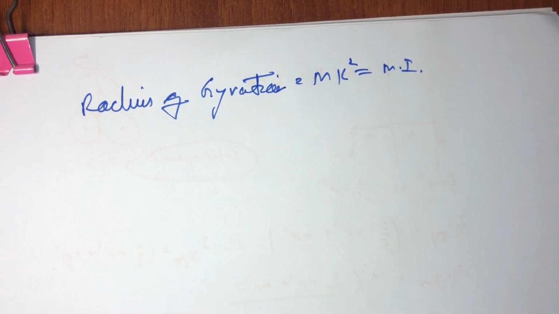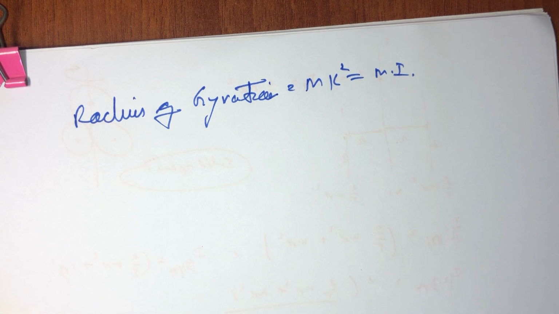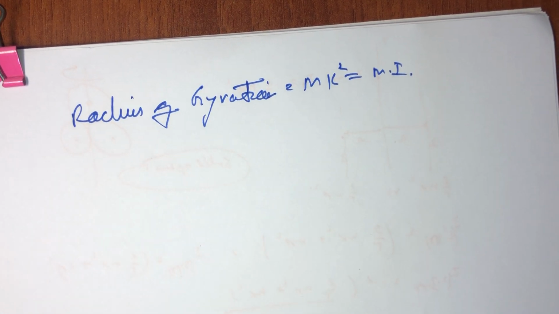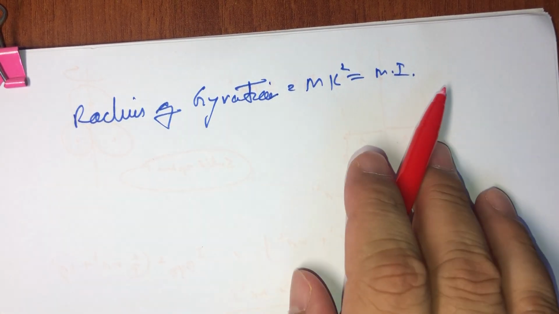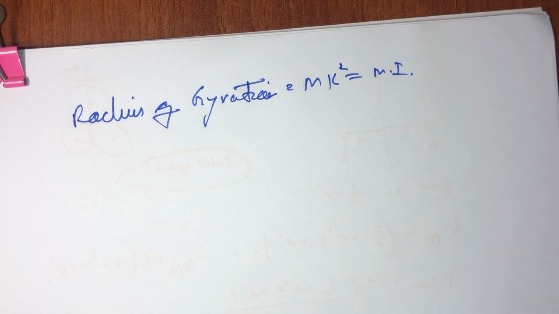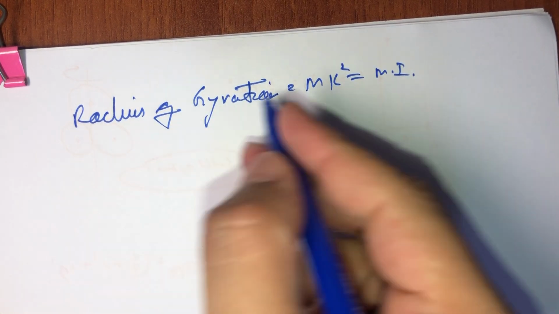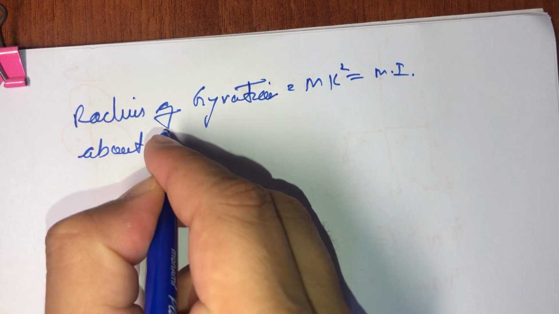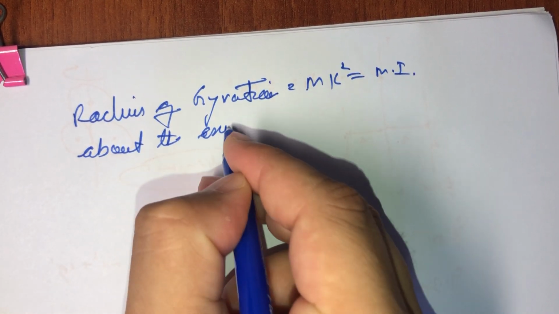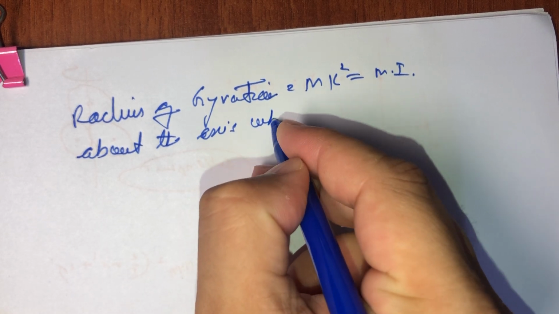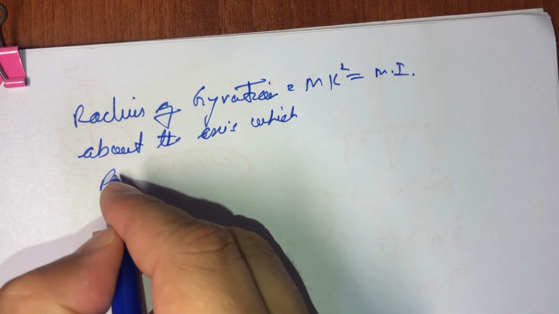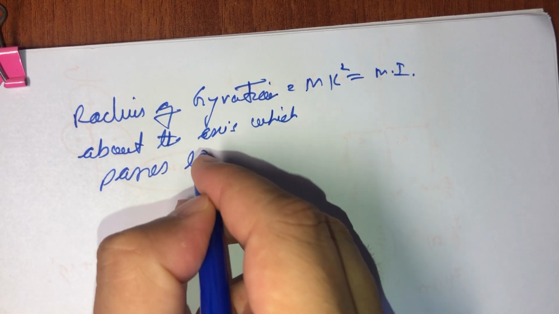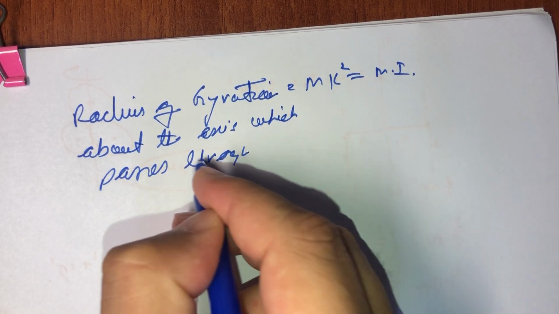And in this case we are supposed to find the radius of gyration about the axis which passes through the center.